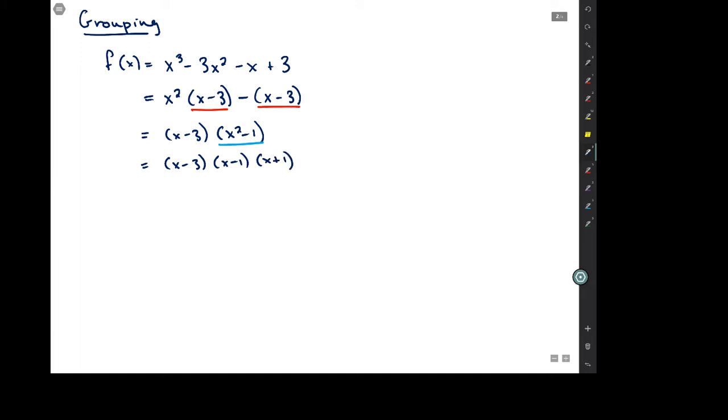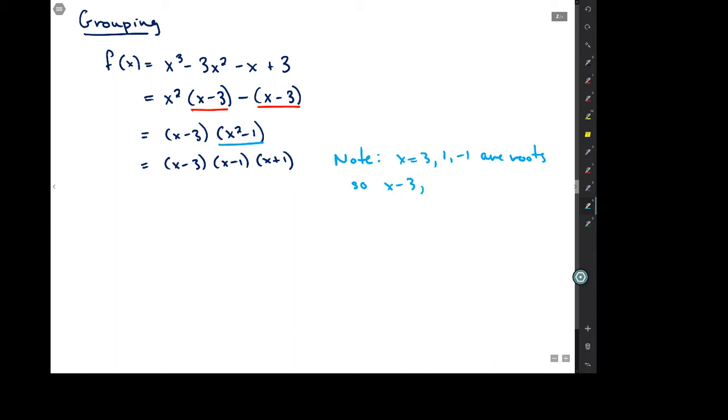So here we note that x equals 3, 1, and minus 1 are roots. And so we have the three factors, x minus 3, x minus 1, and x plus 1.